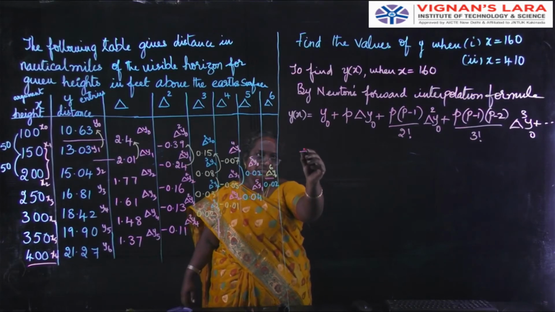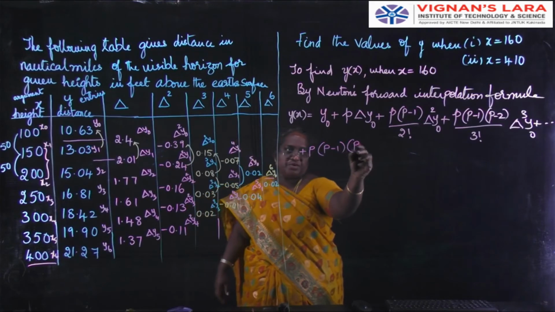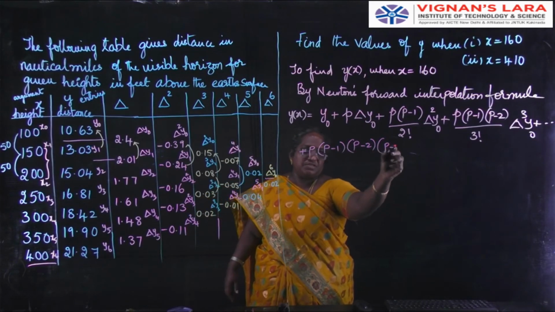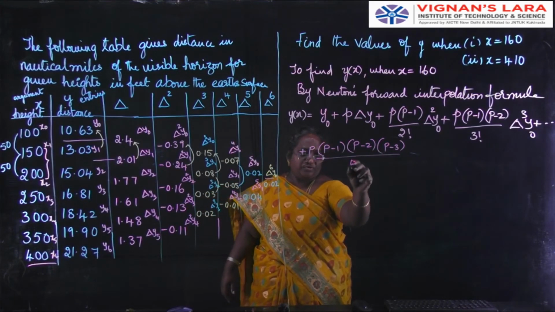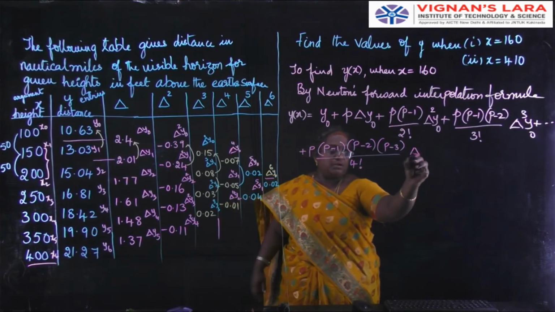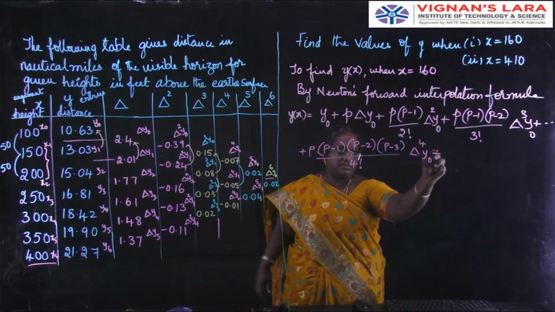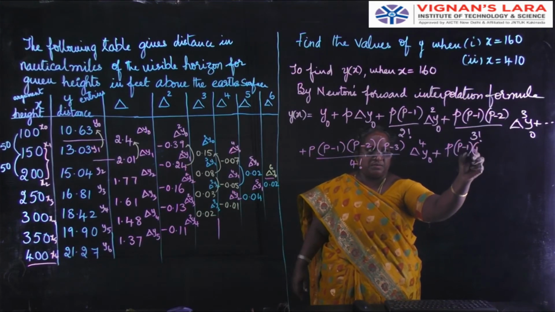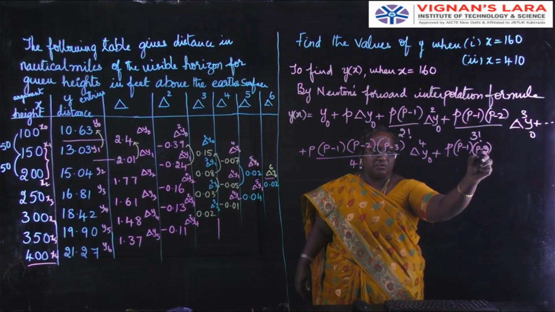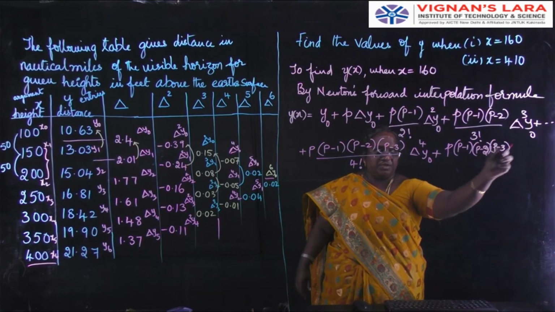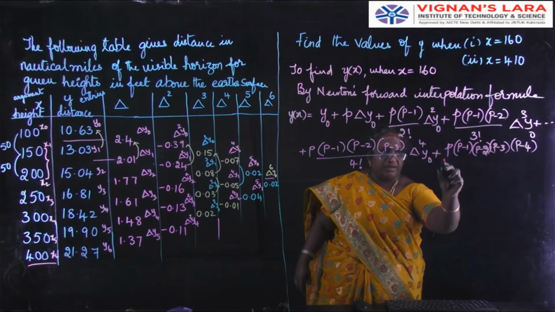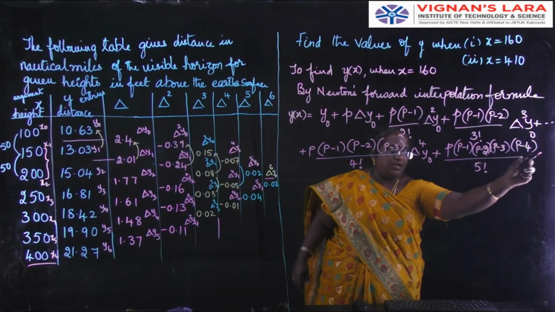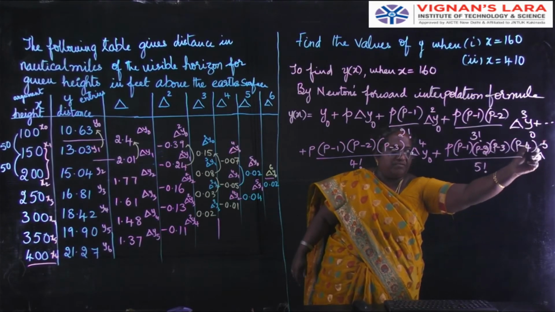So plus p into p minus 1, p minus 2, p minus 3 by 4 factorial into del power 4 y naught, plus p into p minus 1, p minus 2, p minus 3, p minus 4 by 5 factorial into del power 5 y naught.